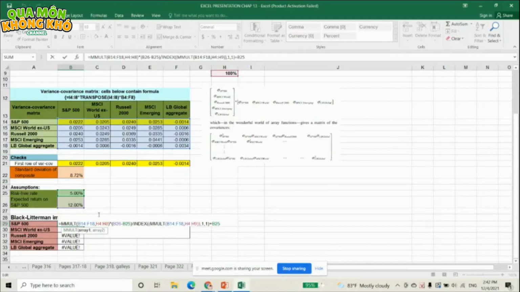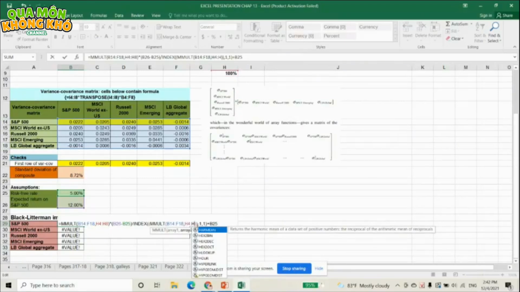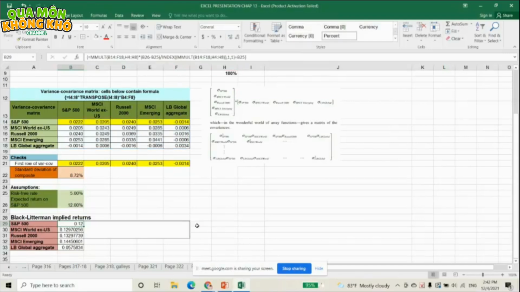The H4 to H8 in the index function, H4 to H8, not H9. Oh, thank you.